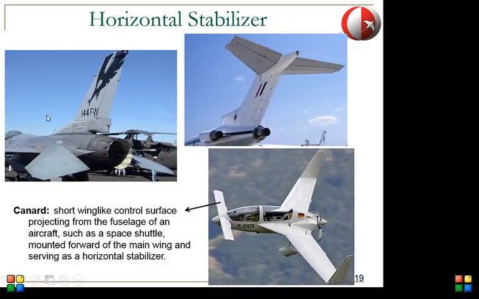So let me say a few words about this example. So this is the F-16 aircraft. And you'll notice that the entire horizontal stabilizer rotates, so this doesn't have a separate elevator. So if you look at the earlier example, this part here is the elevator, and only this part is moving. Whereas in the case of the F-16, the entire horizontal stabilizer rotates as the elevator.